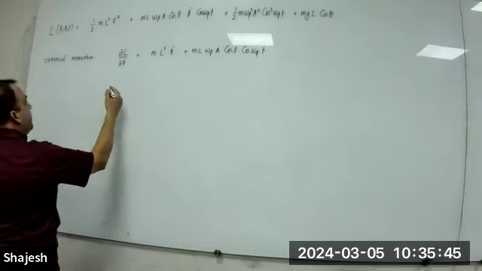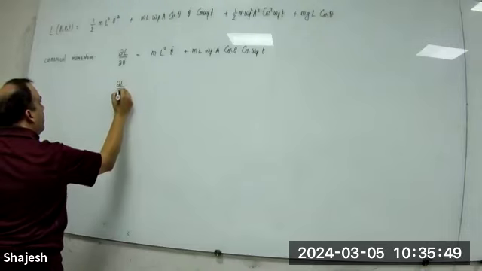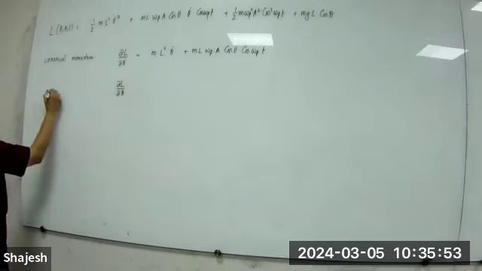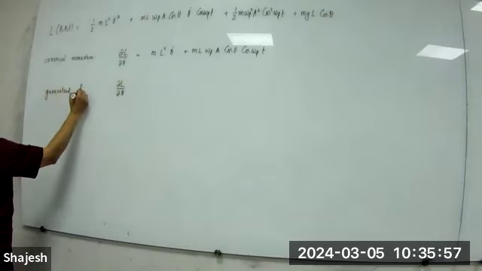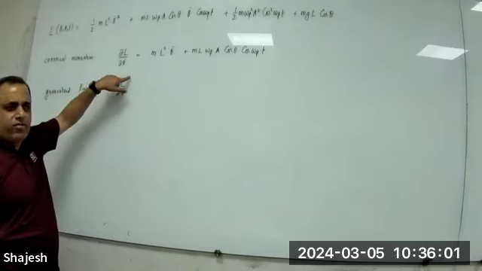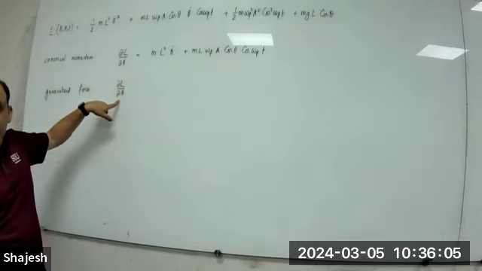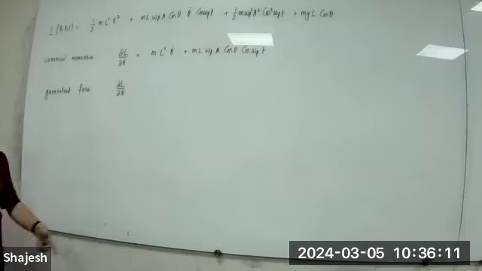I will also need the derivative with respect to angle theta. This is called the generalized force typically. The derivative of the Lagrangian with respect to the dynamical variable you're having is associated with the force. In this case, it's called a generalized force because it's an angle theta.